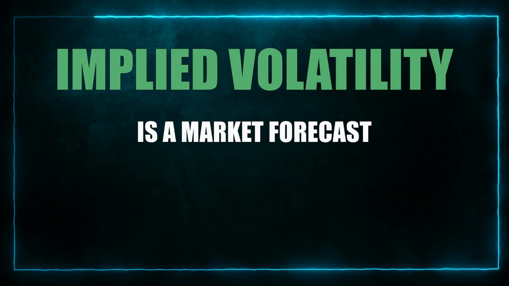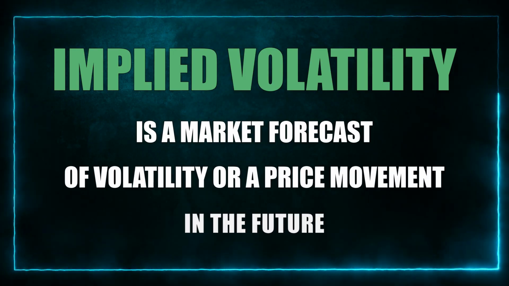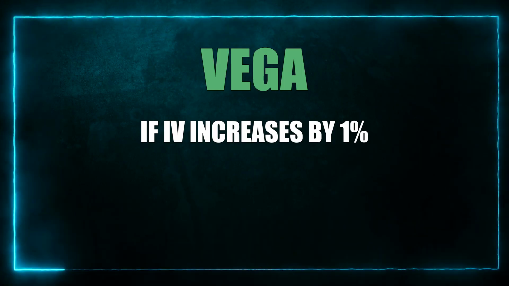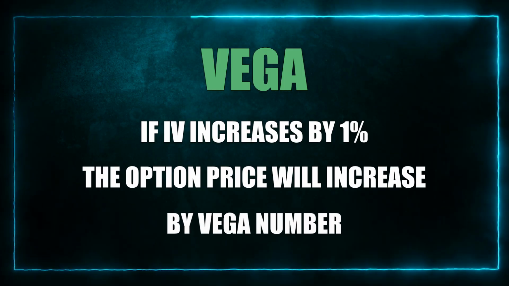But to keep it short, implied volatility is a market forecast of volatility or price movement in the future. So if implied volatility increases by 1%, the option prices will increase by the Vega number. And let's take a look at an example.